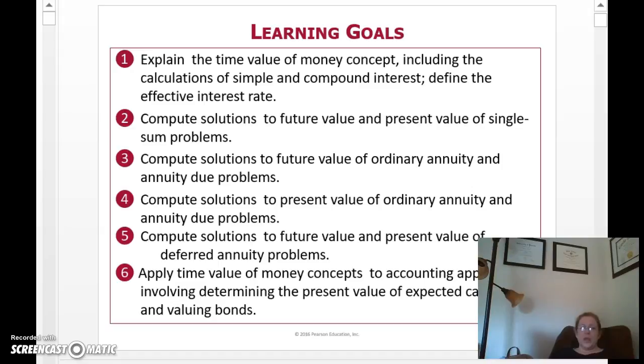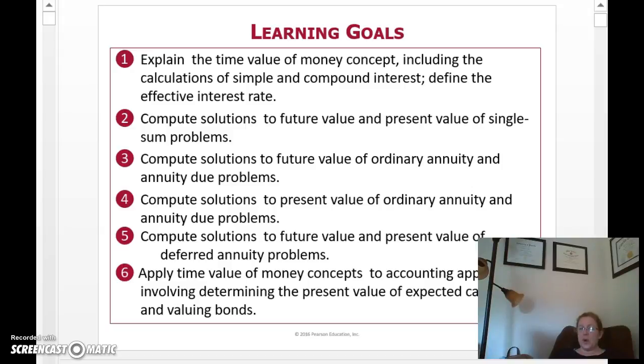Learning Goal 3 further expands on the time value of money concept by discussing annuities. The authors address time value of money calculations in the context of ordinary annuities and annuities due. You need to understand the difference between single-sum time value of money calculations and annuity time value of money calculations.